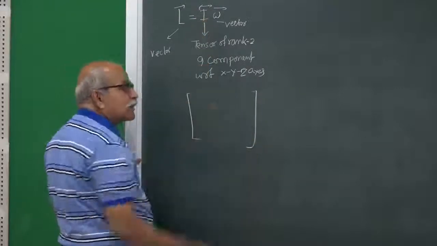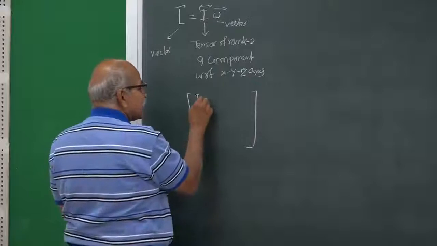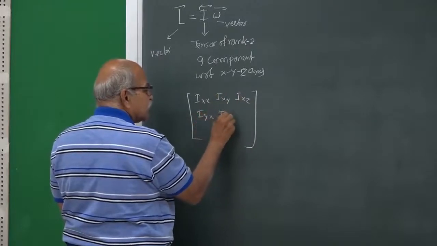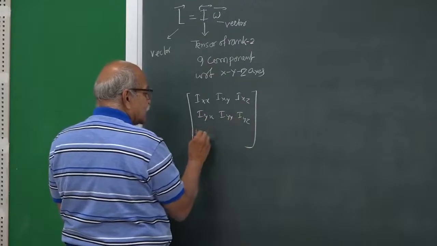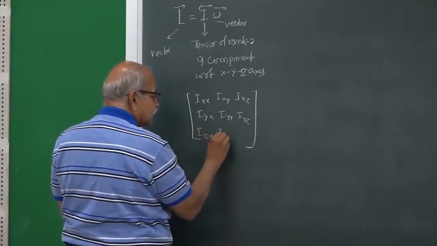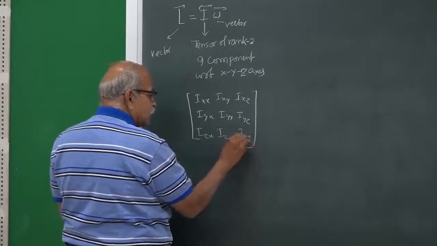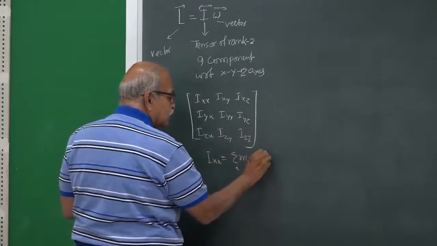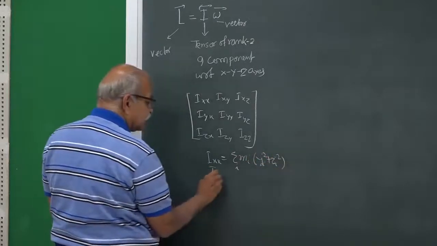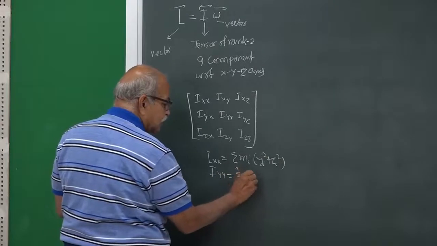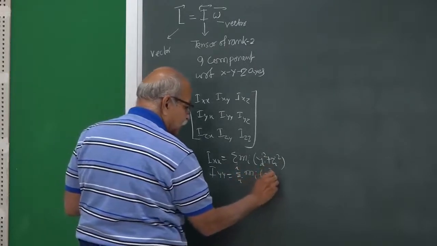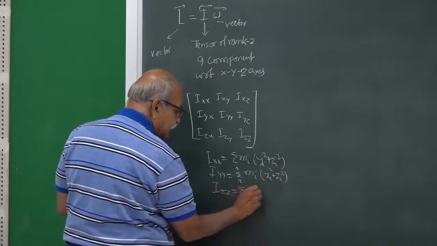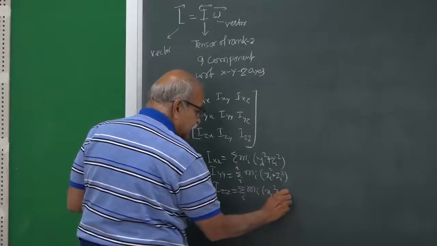We had this moment of inertia tensor, which is I x x, I x y, I x z, I y x, I y y, and I y z, and then you have I z x and I z y and I z z, with I x x equal to summation over i m i (y i square plus z i square), and similarly I y y is summation over i m i (x i square plus z i square), and I z z is summation m i (x i square plus y i square).